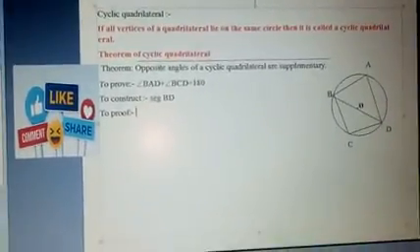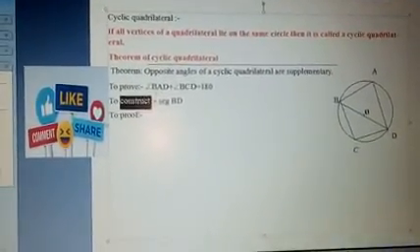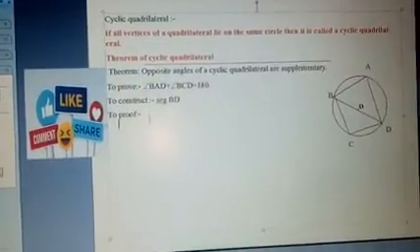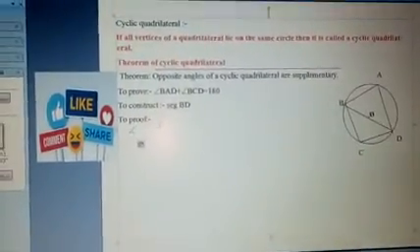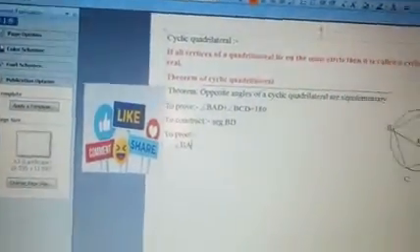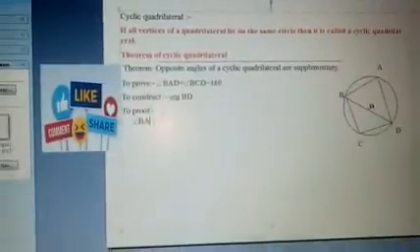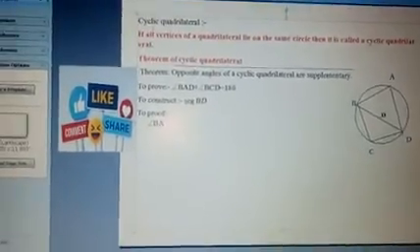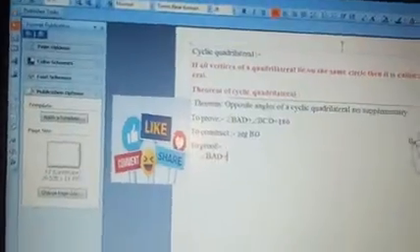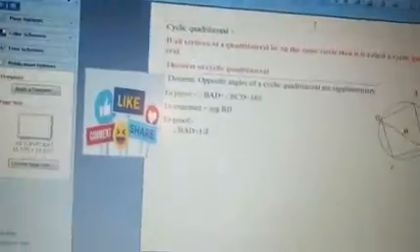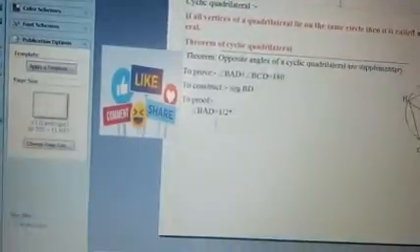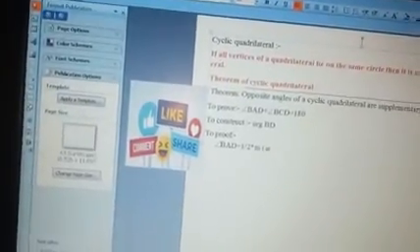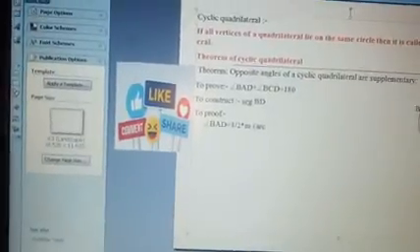We can write angle BAD is half of the measuring arc BCD.